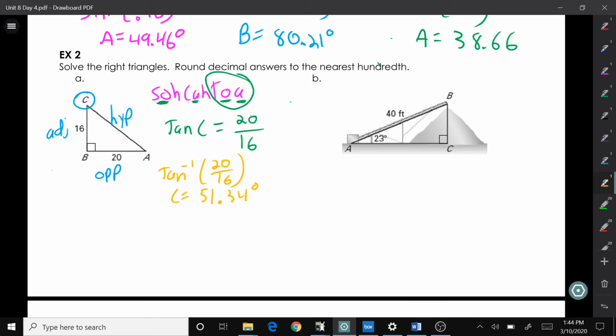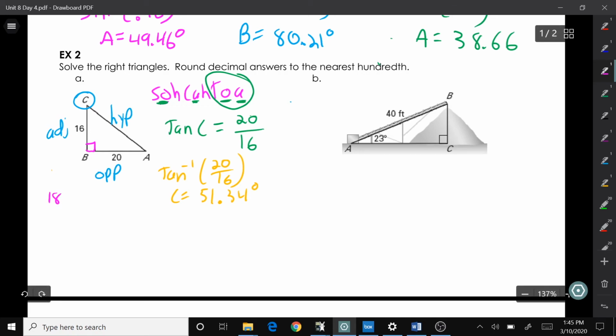Now that I know that angle, angle A I can figure out because all triangles have 180 degrees. Angle B is 90. Angle C up here is 51.34.